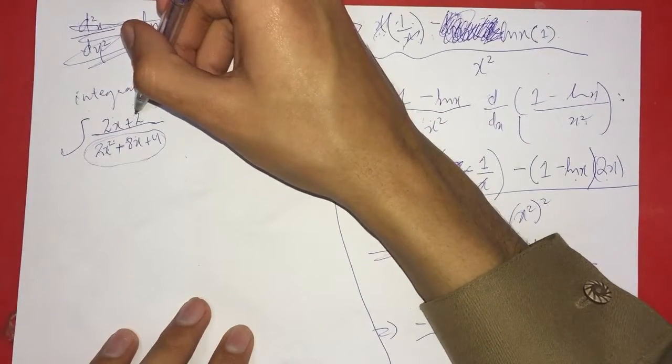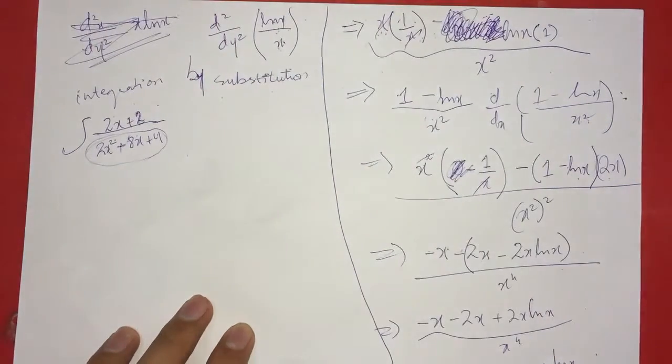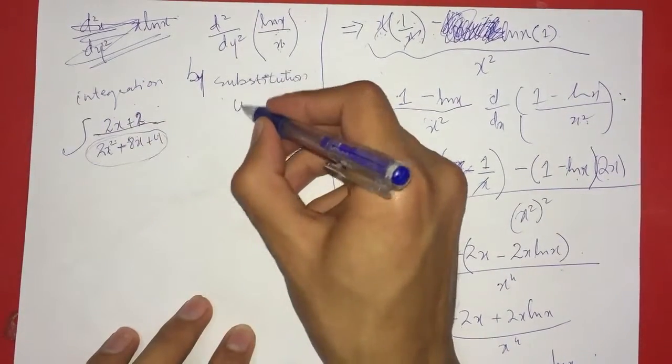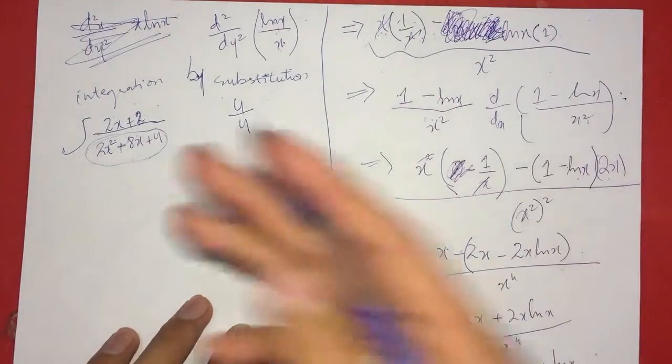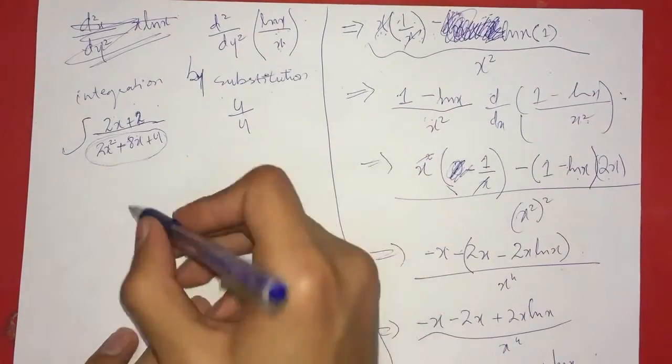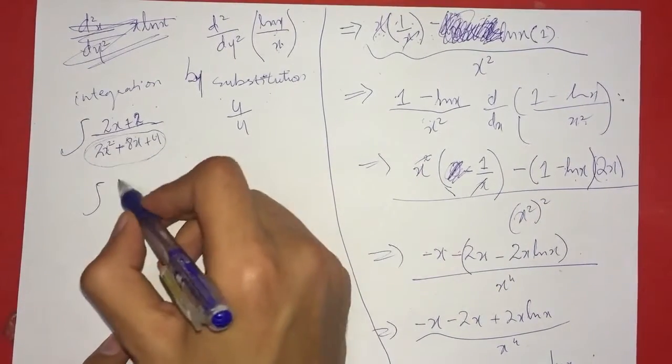But the numerator here is 2x plus 2. So is there any way we can make this 2x plus 2 into 4x plus 8? Well, yes, if we multiply this by 4, divide by 4, so we multiply 4 and then we divide by 4 as well.